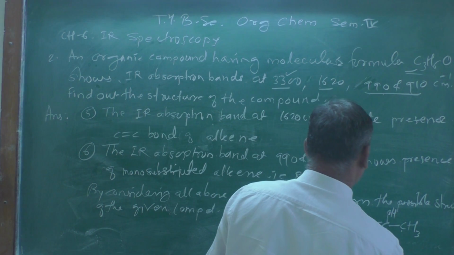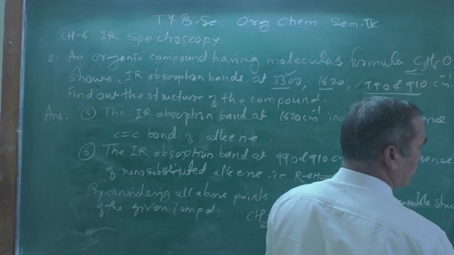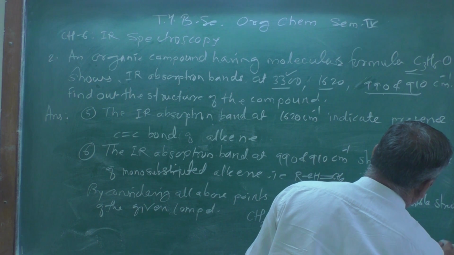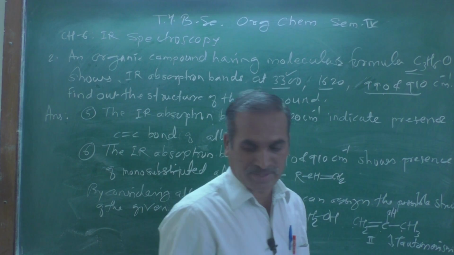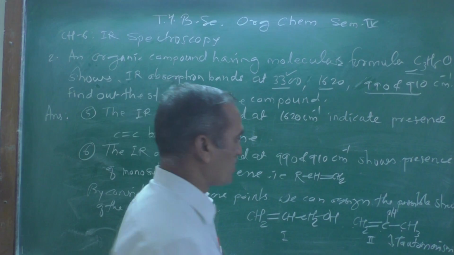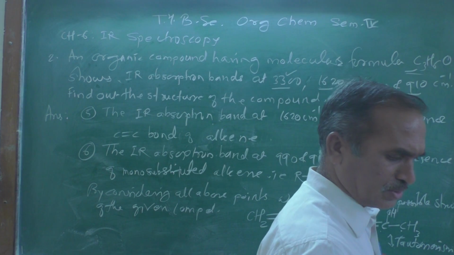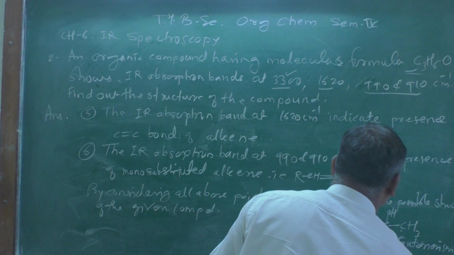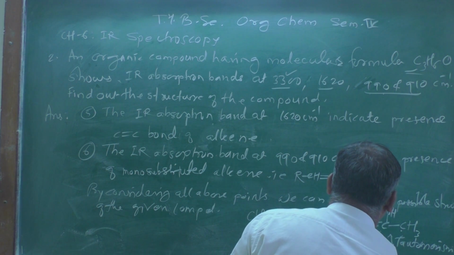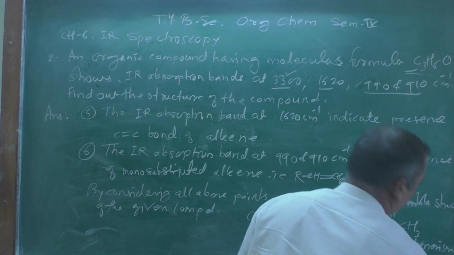But this structure number 2 undergoes tautomerism. After the tautomerization, this is an unstable enol form, and that enol form goes into CH3, C double bond O, CH3.